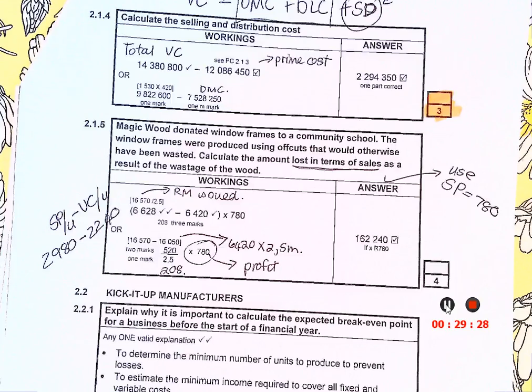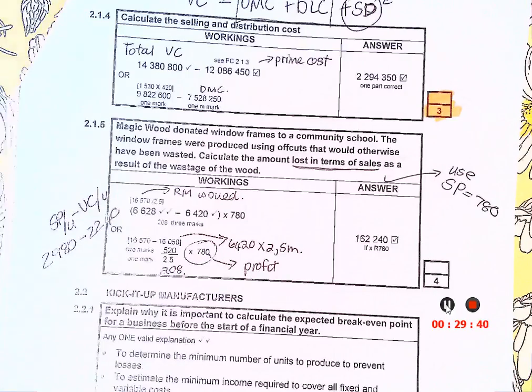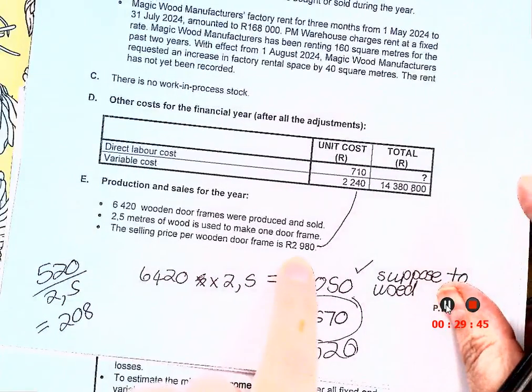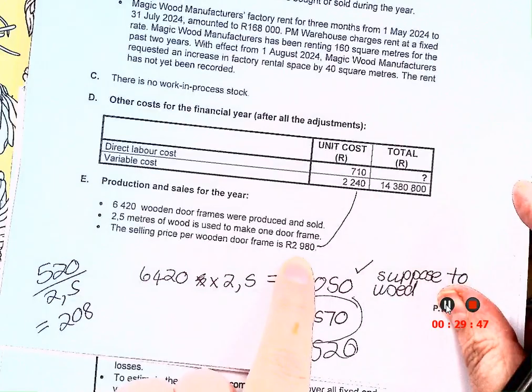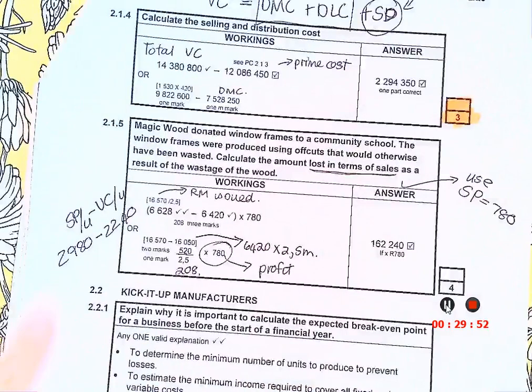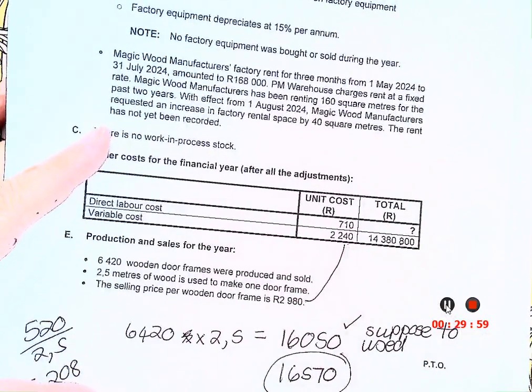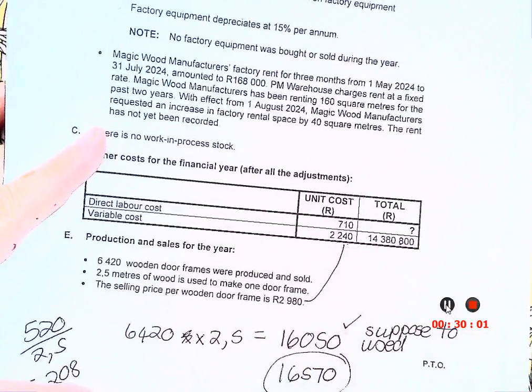What windows? We're not selling windows. The 780, that's the only place that actually pops up. Okay, but show me where you see 780. There, it's 2,980. That's what I use. I said the 2,980 less the 2,240 variable cost will give me the contribution, which is the profit per unit.